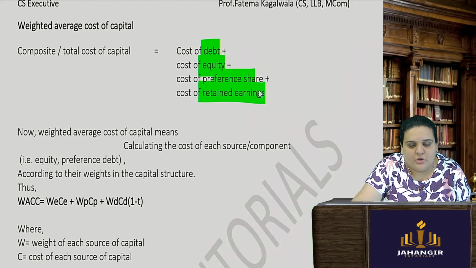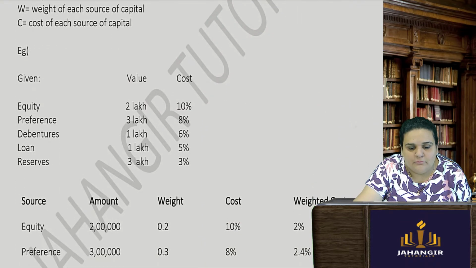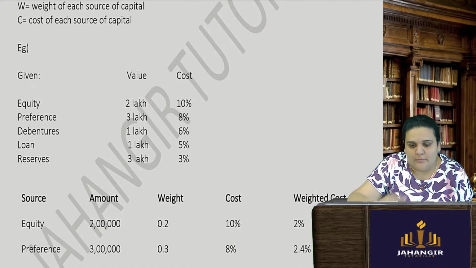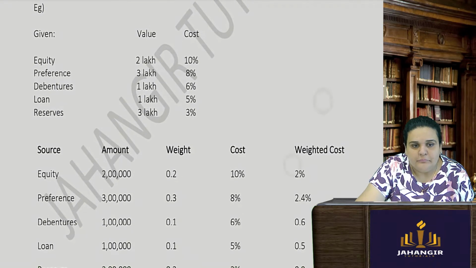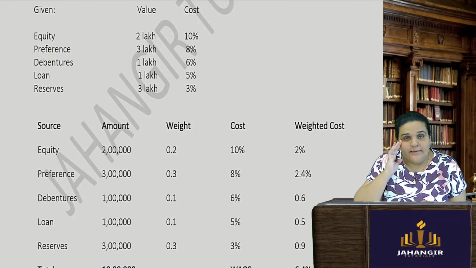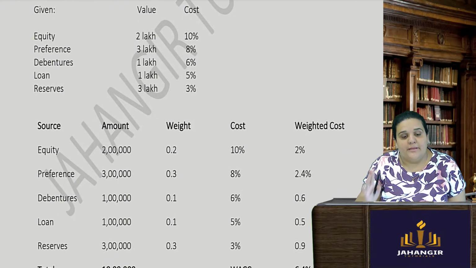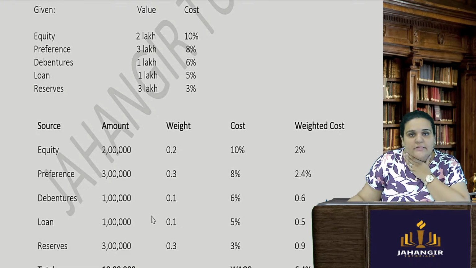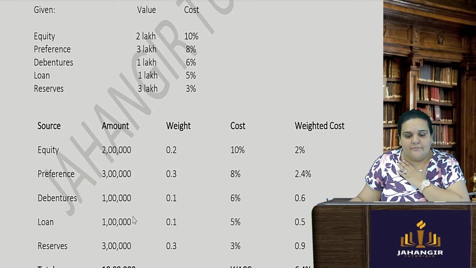So weighted average cost of capital, we all know how to find now. We will just start with one example quickly. They have given us equity, preference, debentures, loan, and reserve. There are 5 components, and they have given me all the costs. They are telling me to find the weighted average cost of capital.